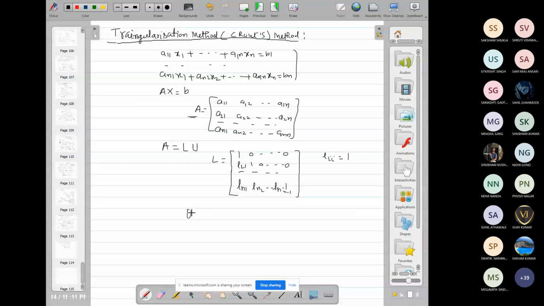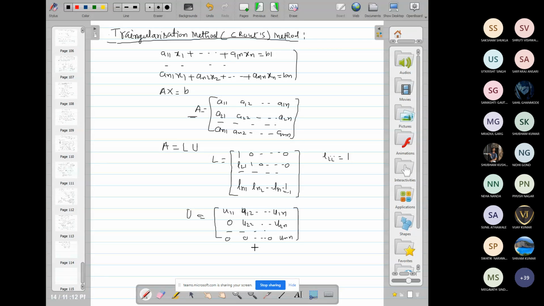If we consider 1 on the diagonal in L, then U will be the upper triangular matrix: u11, u12, u1n, then 0, u22, u2n, and in this way the last row will be 0, 0, 0, unn.